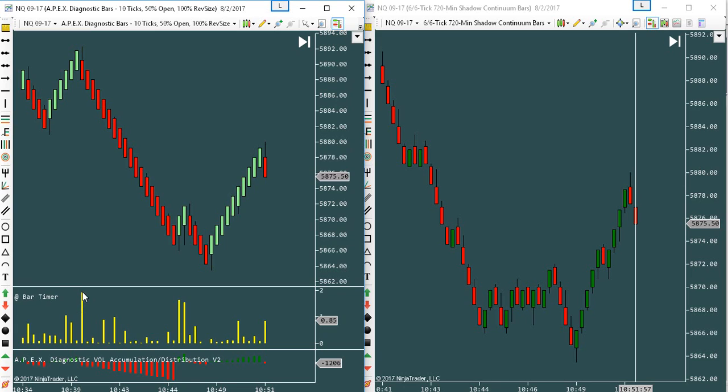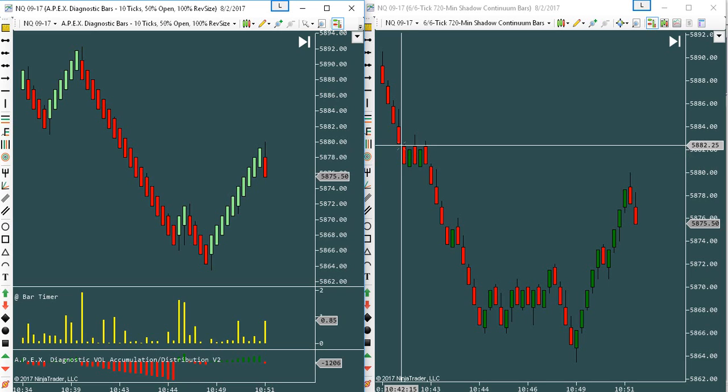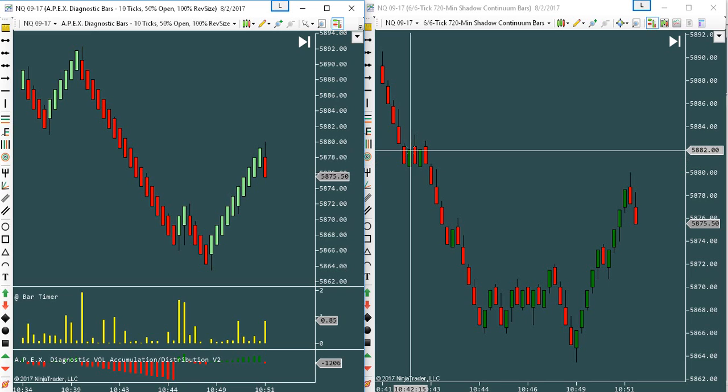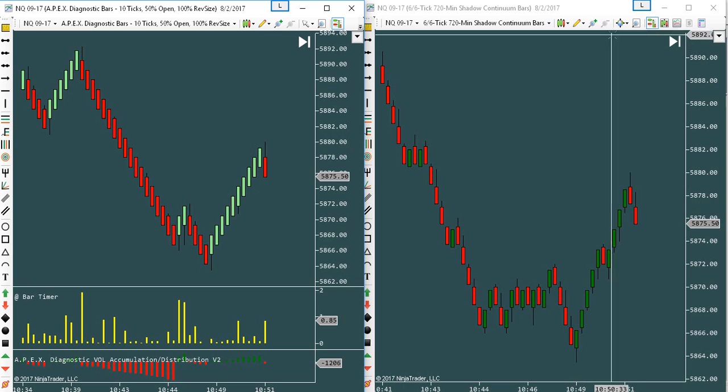If you're just not paying attention to the wick and to the timers, you just see it move down. But when you are looking over here, what do you see at that same exact time? Down bar, up a little more. Right here where it pulled up a little more, you see that?